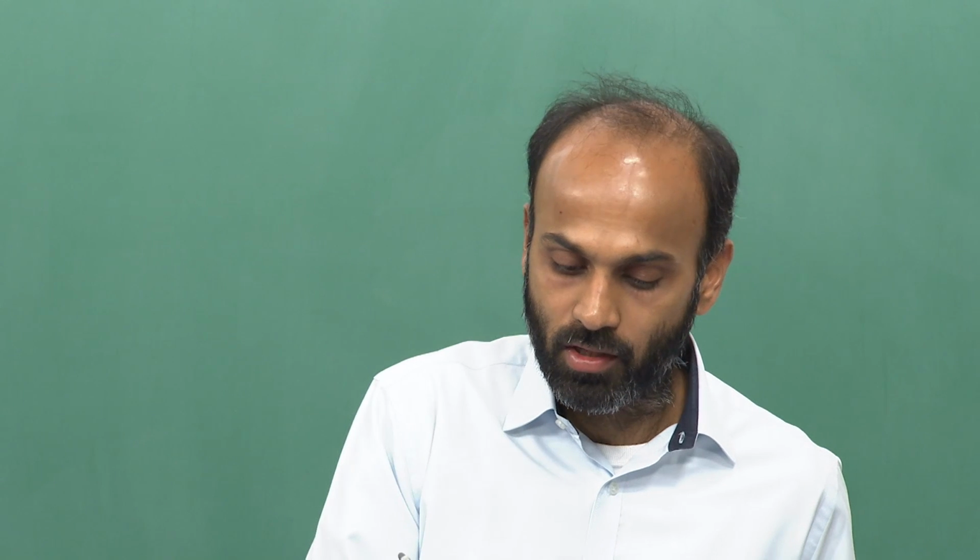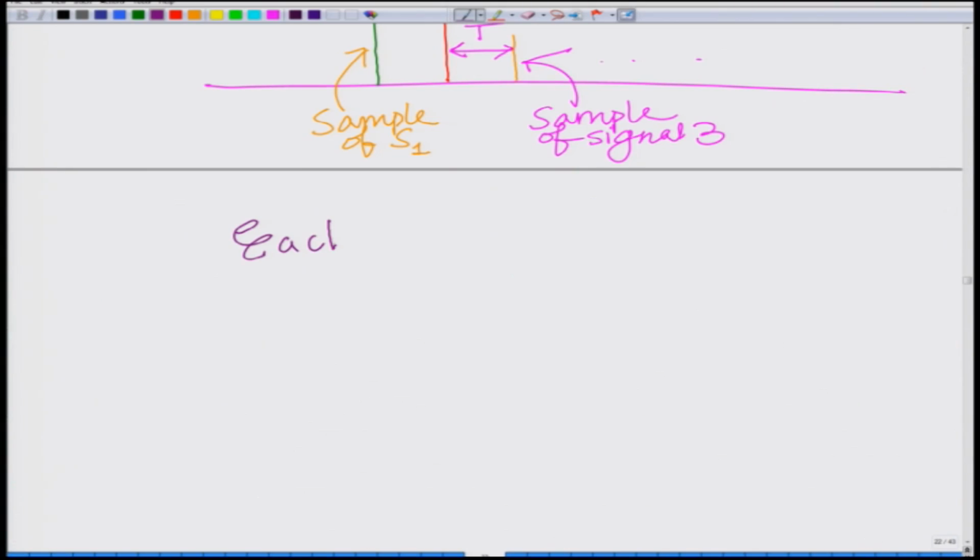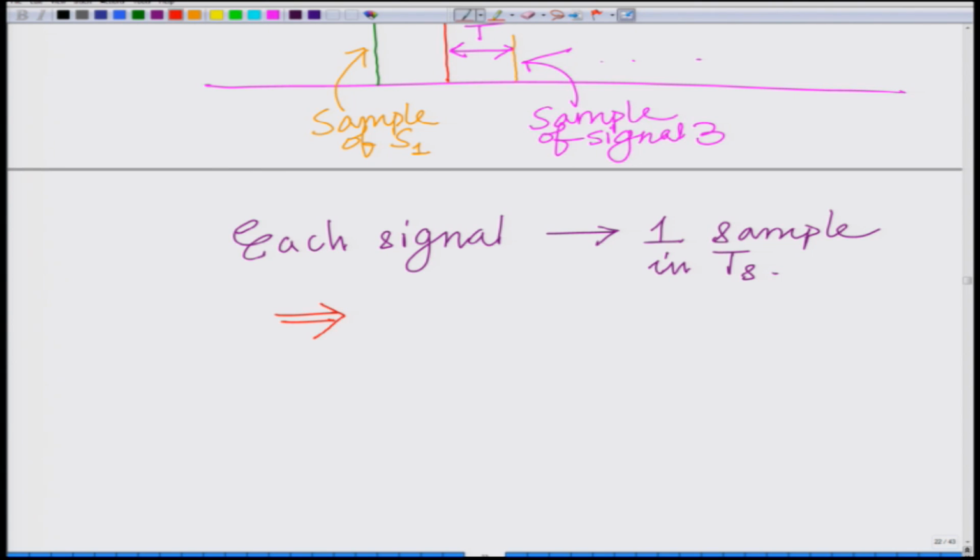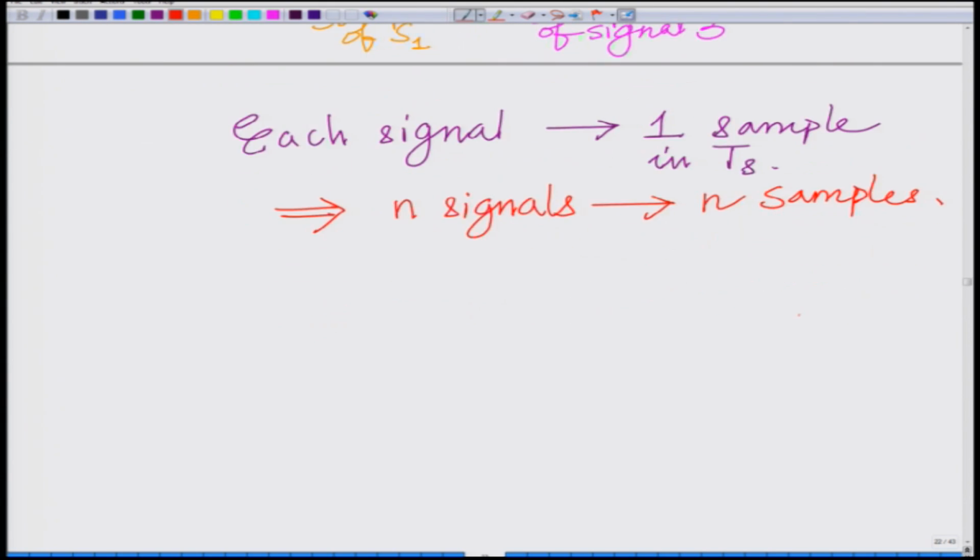So each signal contributes one sample in Ts, which implies n signals naturally give n samples.